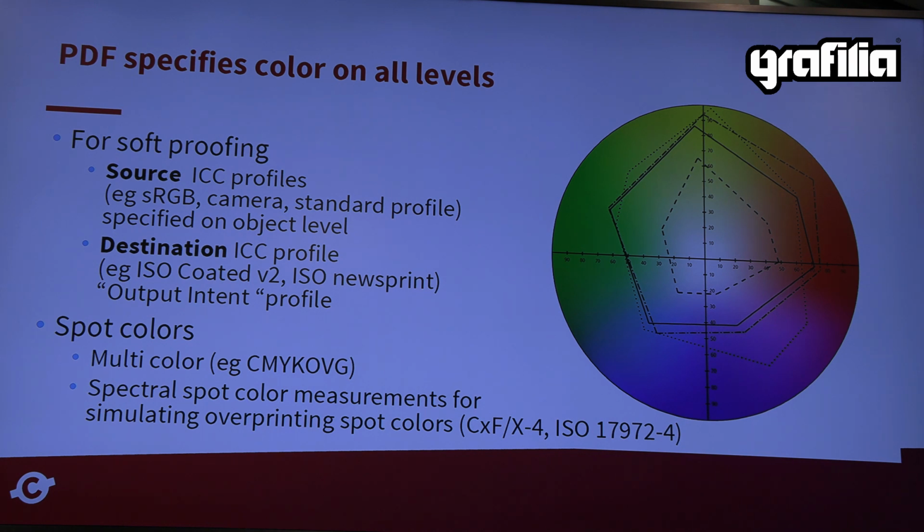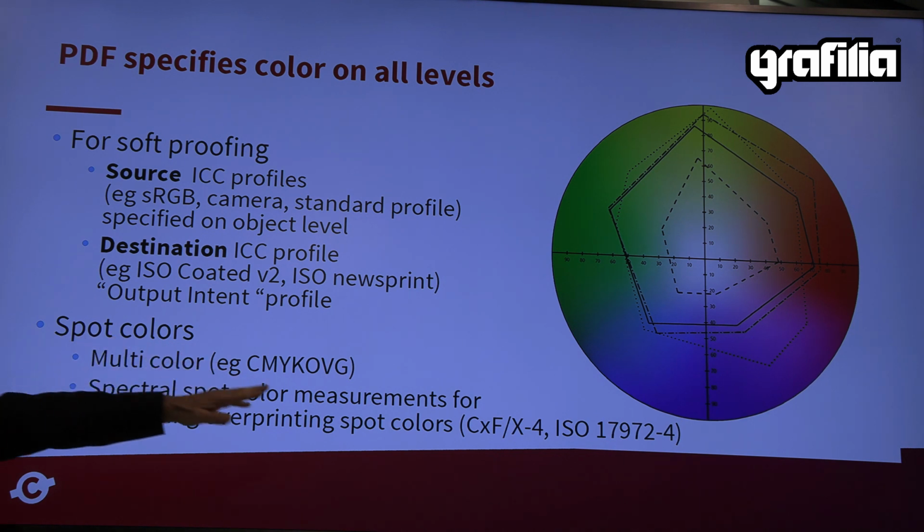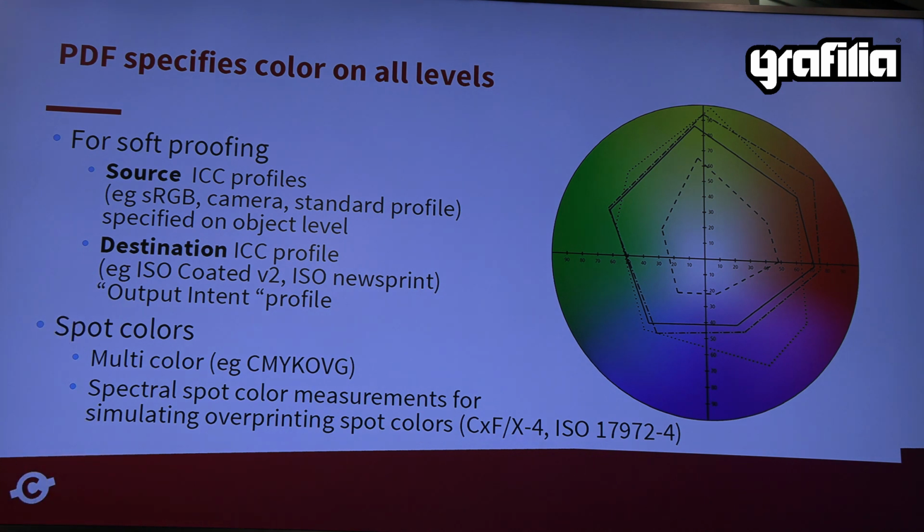Not just a single spot color, a red or the drupa red, whatever. It also supports multicolor, so larger color spaces than just CMYK. For instance, CMYK plus orange, violet, and green. You can even have spectral measurements, so if you want to soft-proof how spot colors interact with each other when they're overprinted, you can use spectral measurements that have been done with that spot color and that have been added to the PDF file in the form of CXF editions.